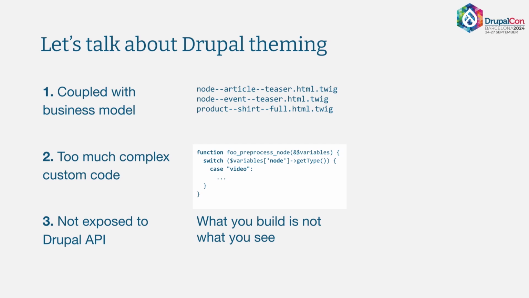It's not configured like views or other things, because you can configure your theme in many different ways. Of course, you have manage display and so on, but you can also do stuff in preprocesses or inside your Twig template. So there is no configuration where everything is configured and is part of your Git configuration.